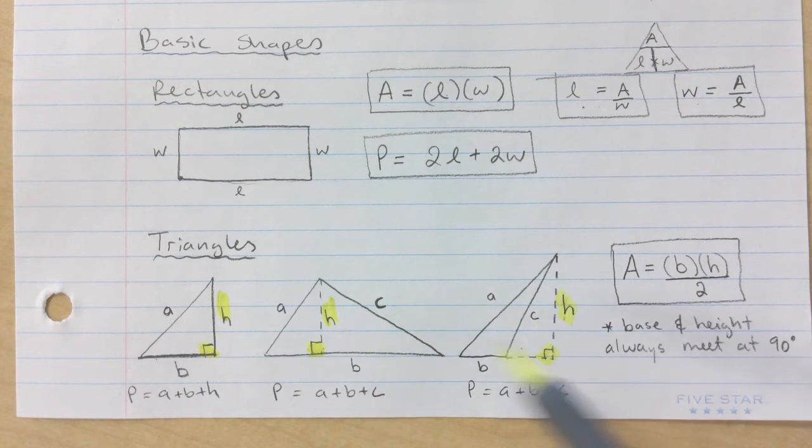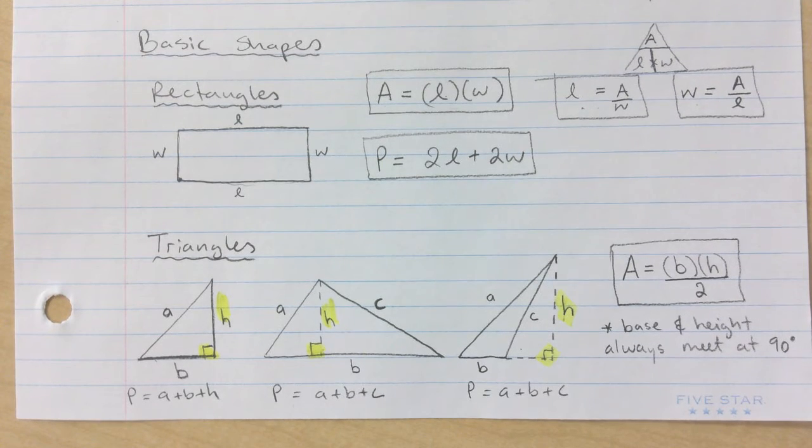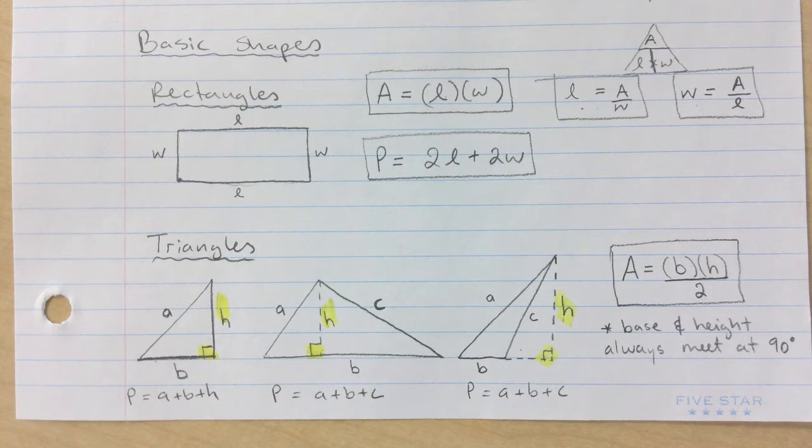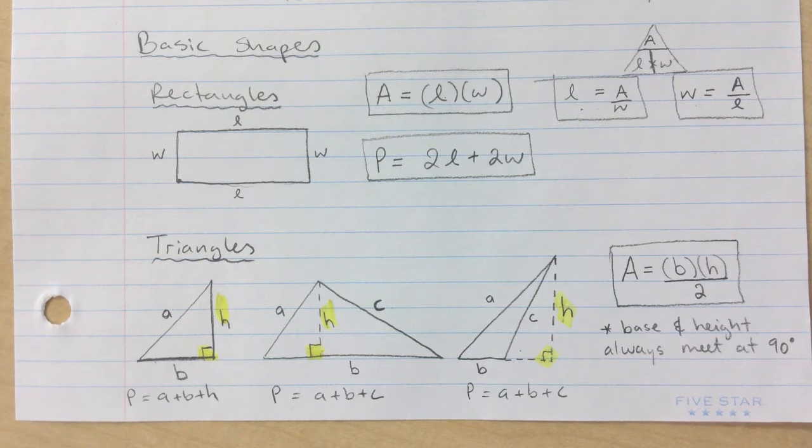That's the one thing I need you to understand. Just remember this. Perimeter is the sum of all sides around that shape.